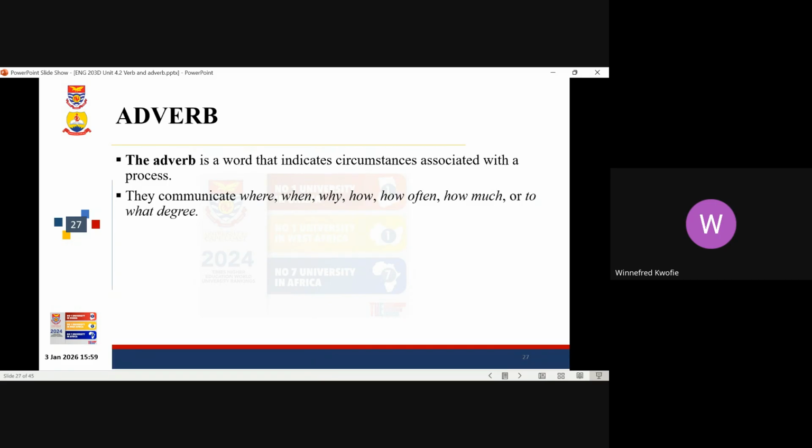They all come together to form the process. And so when you talk of adverb, we are talking about the circumstances surrounding the process. So they can tell us where, when, and how often the process takes place.